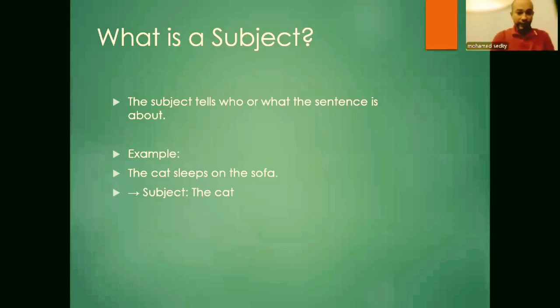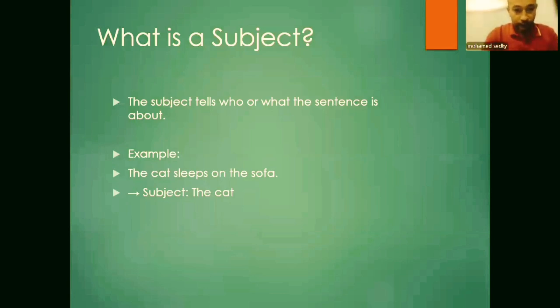If we look at the example here, the cat sleeps on the sofa. If we ask ourselves who sleeps on the sofa, we'll find that the answer is cat. Yes. So that's why it's considered the subject of the sentence.